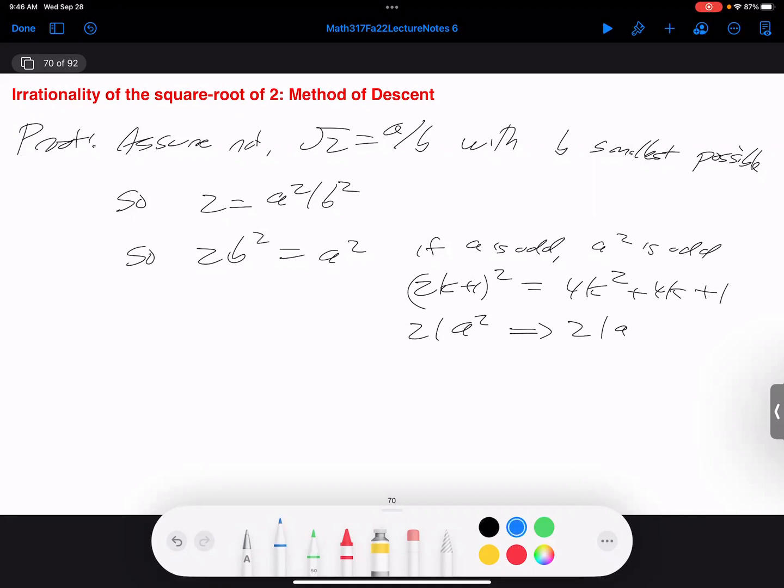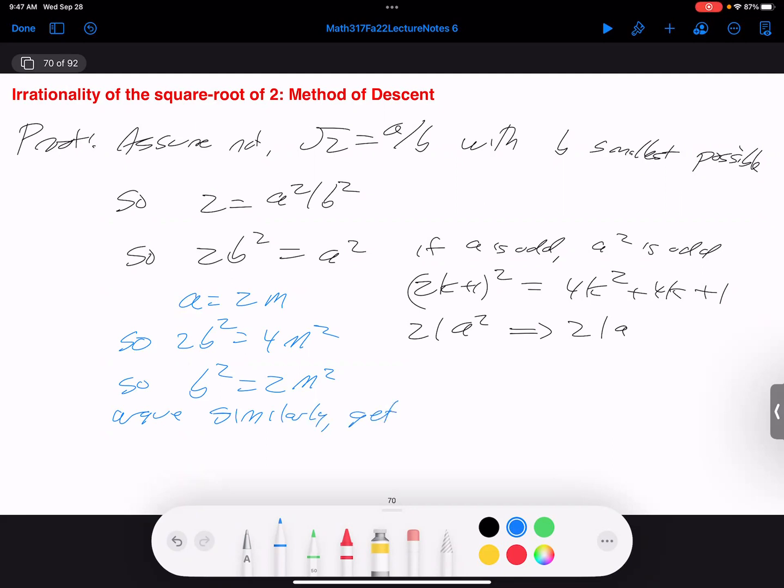So we can write a as 2 times m. So we get 2b squared equals 4m squared. So b squared equals 2m squared. Argue similarly, and we get what must be true about b.